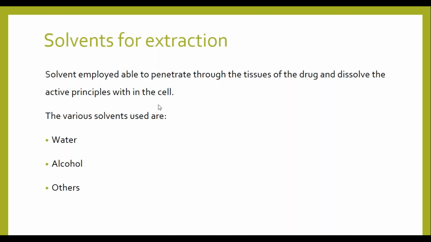Similarly, our intention in taking any solvent should be that it can pass through the tissues as well as dissolve the contents we intend to extract. Based on this, there are various solvents used for extraction: water, alcohol, and other solvents. We'll study them one by one.